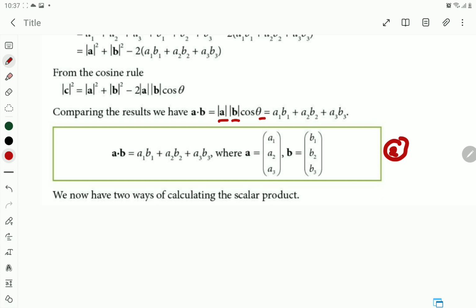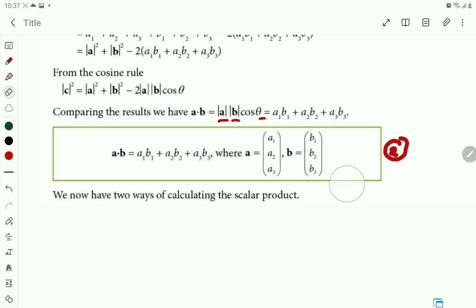So, when will you use this definition? You use it if you do not know the length and you do not know the angle. Then use this one. Okay?